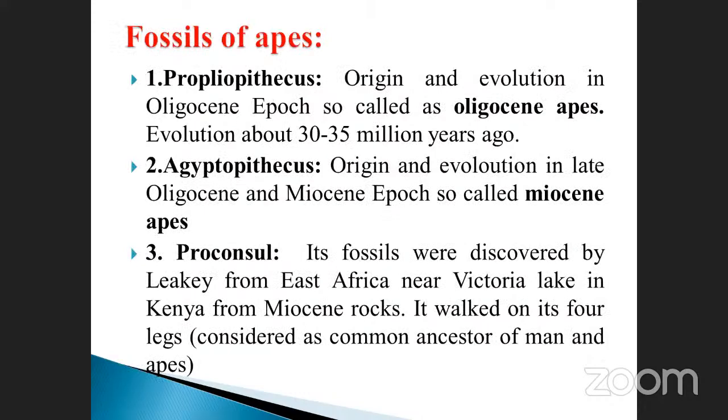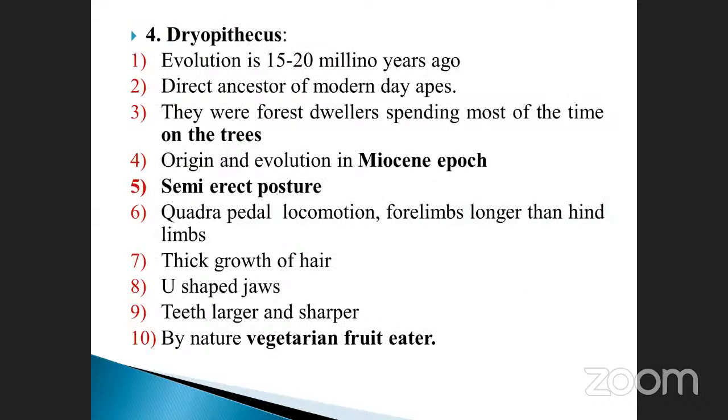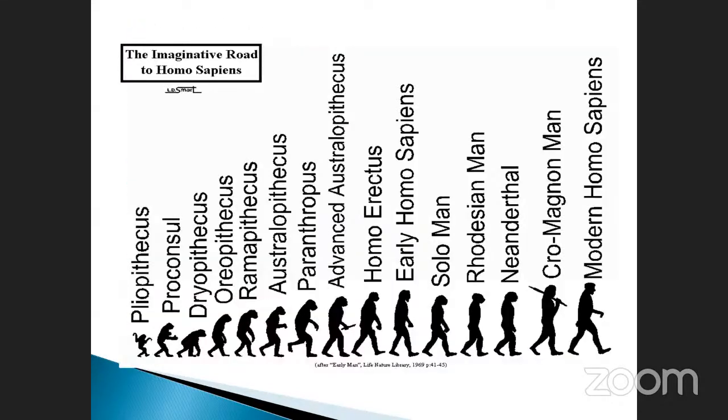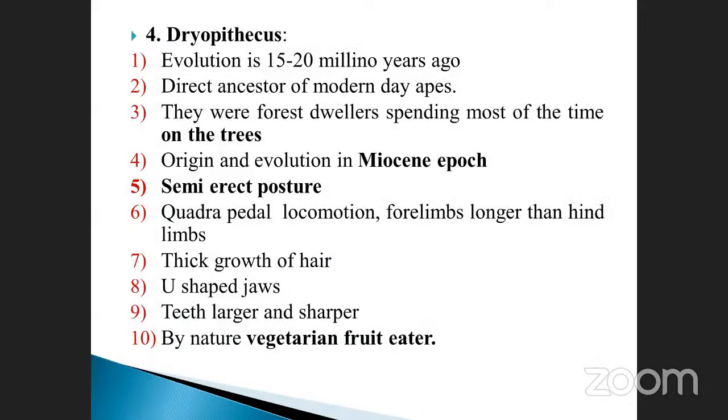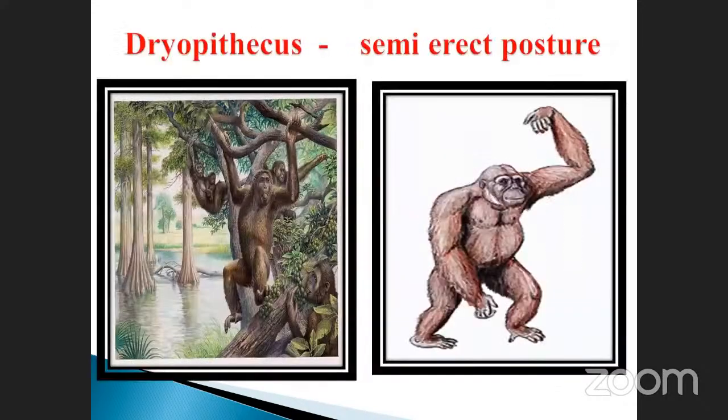Okay. How the apes are identified means with the help of fossils. See here how many fossils, and in which year, where they were identified, which area, those things are given here. See, there are 4 types given, I think 4, yes, 4.